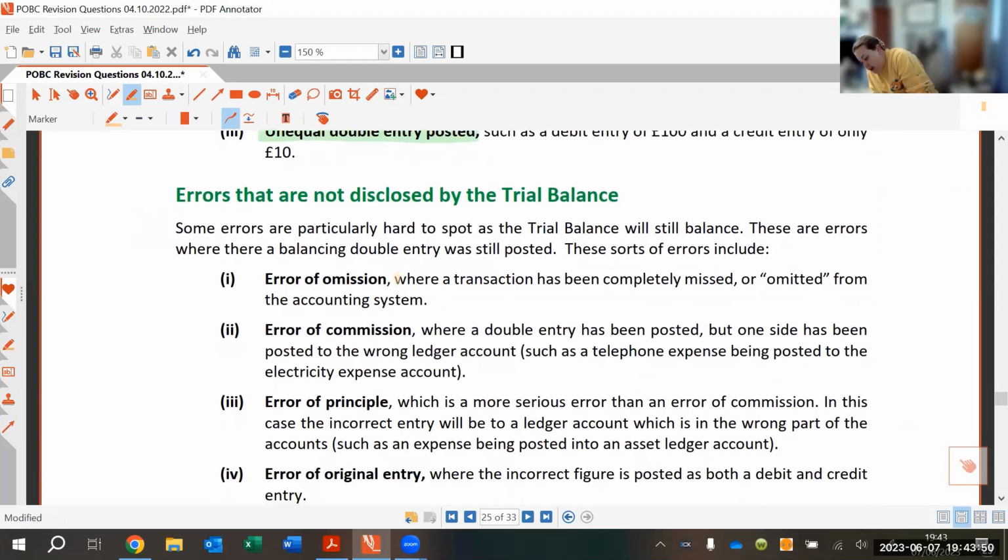So the first one is your error of omission, and the clue is in the name. The transaction is missing both bits, like the invoice hasn't been posted, or the receipt's not been posted. It is completely missing. Both sides of the double entry never happened, so it's like it never existed.